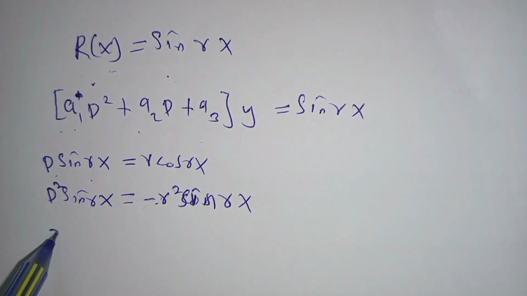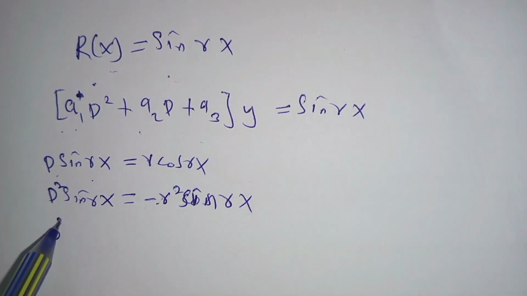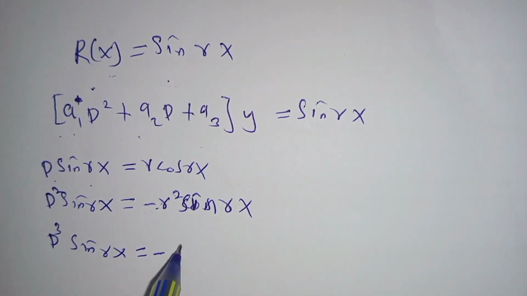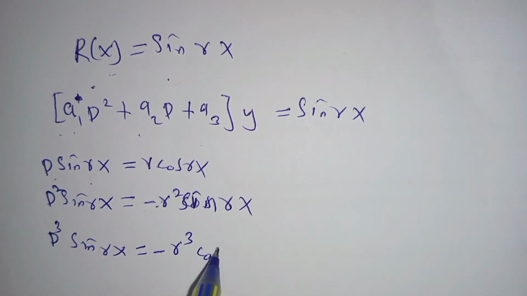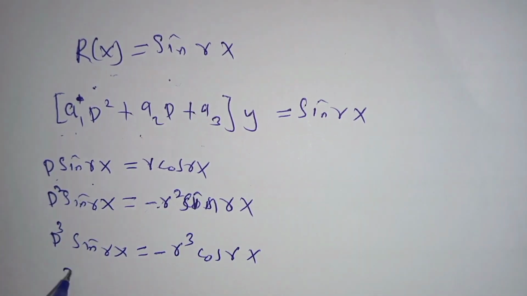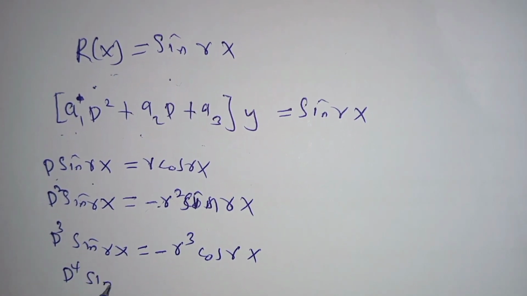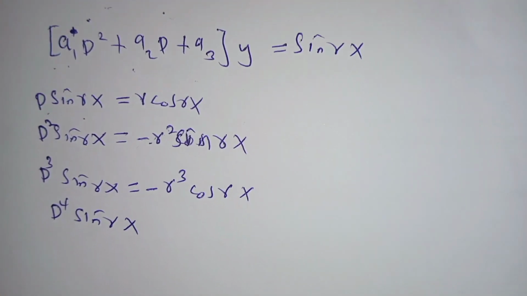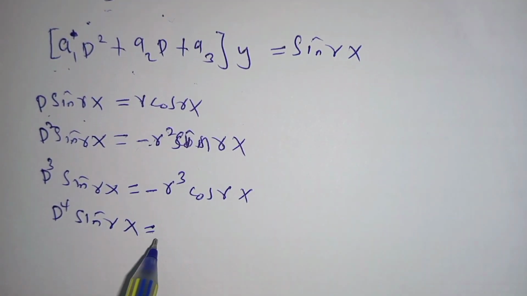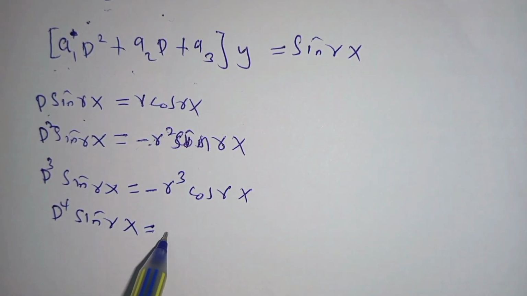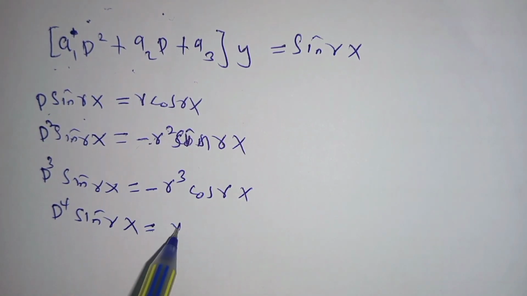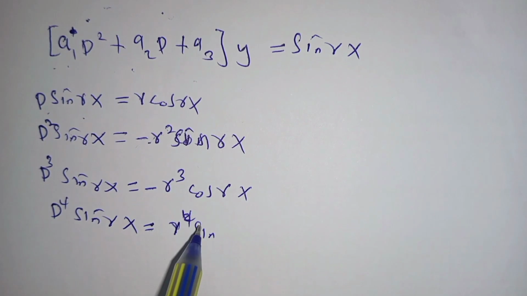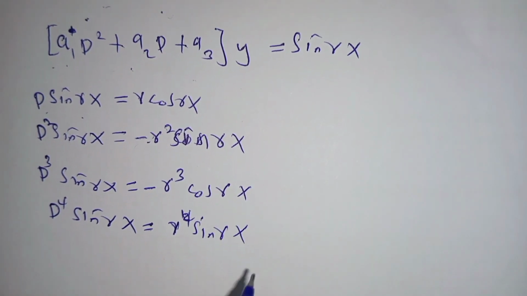You differentiate this again, D cubed of sine of rx, which will be negative r cubed cos of rx. D to the power 4 of sine of rx will give you r to the power 4 sine of rx.